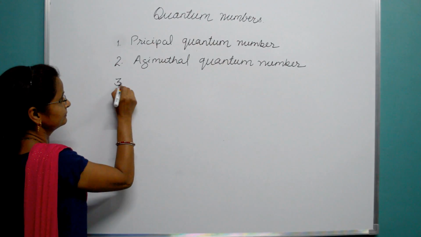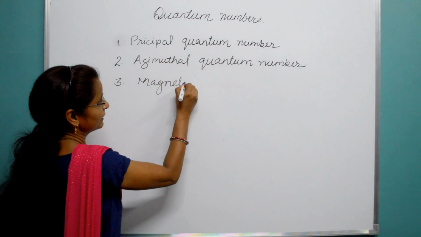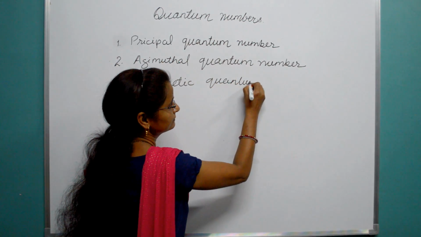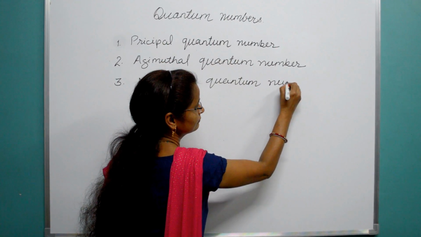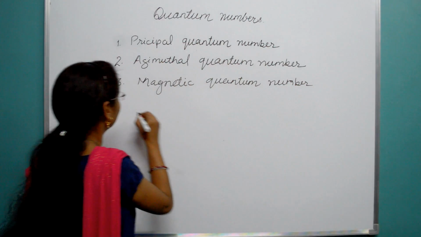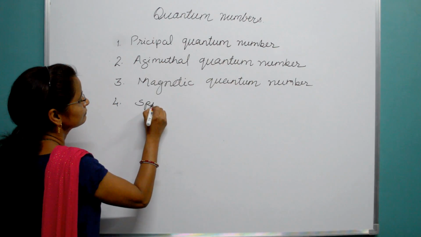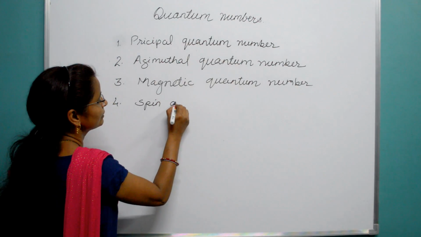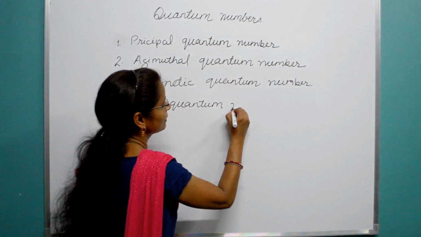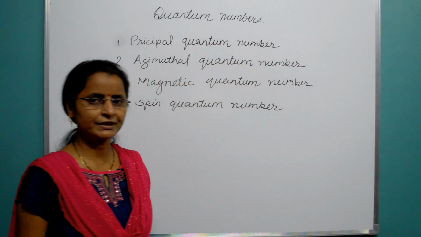Third one is magnetic quantum number, and fourth one is spin quantum number.